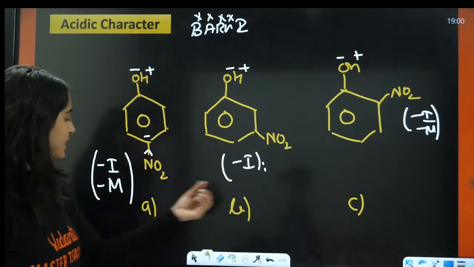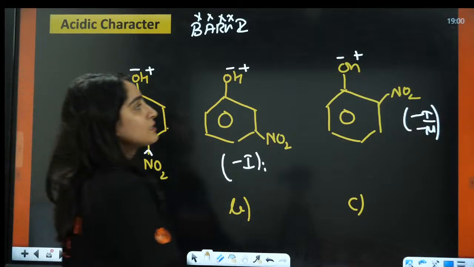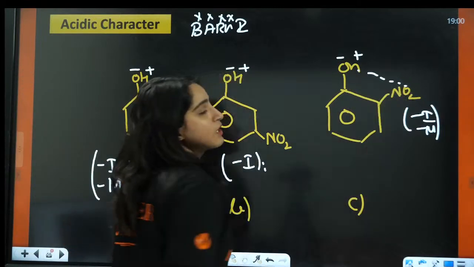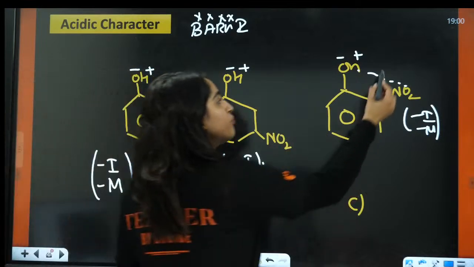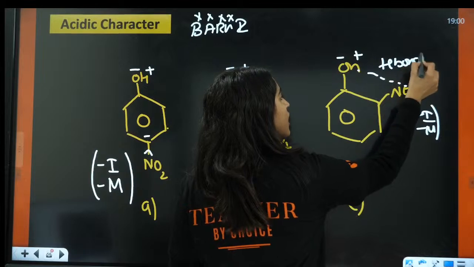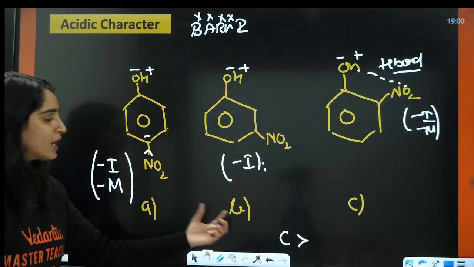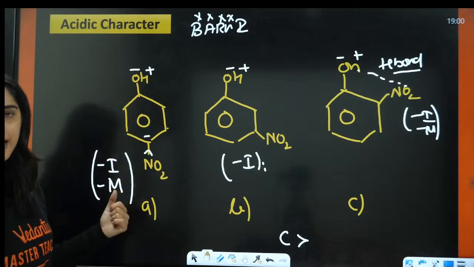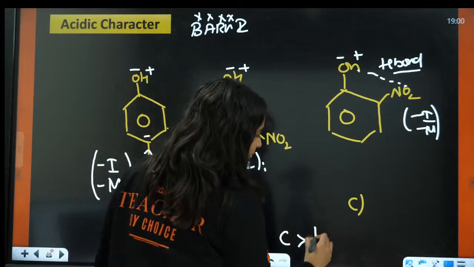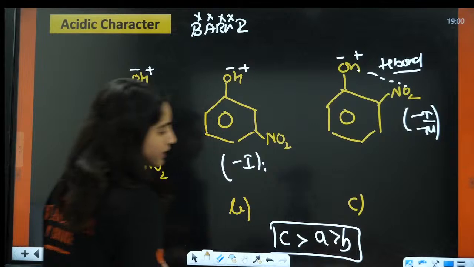Then how to differentiate between A and C? The differentiating factor here is the hydrogen bonding. The hydrogen bonding will make it the most stable structure among these. So C will be the most stable, and among A and B, A is more stable because it has two effects, that is minus I and minus M. So this is C, then we have A, then we have B. That means CAB is the correct order.